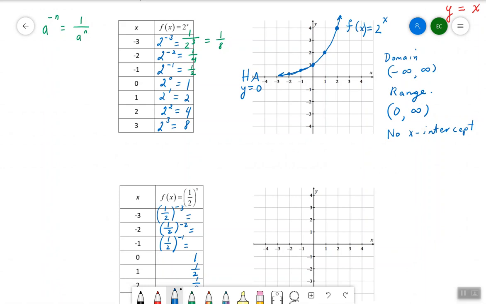Well, it's not too far off for us to conclude that if we have a fraction a over b to the -n, then that's the same as b over a to the +n. So if we have 1/2 to the -3, then that's the same as 2 to the 3rd power, or 8. And then this one would be 2 to the 2nd is 4, and 2 to the 1st is 2.